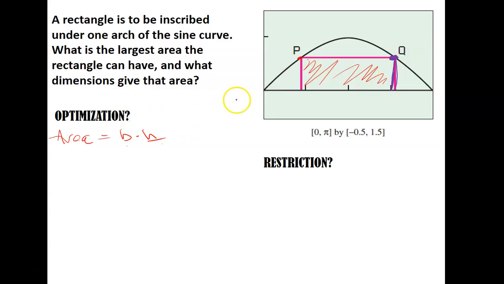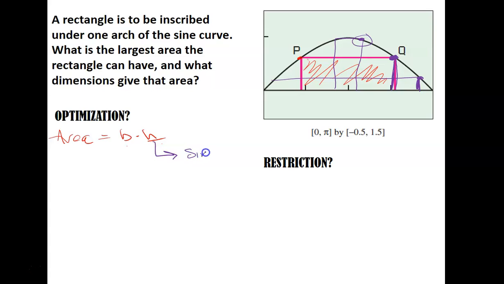It doesn't matter where I put my rectangle. If I make my rectangle low like this, the height of it is still determined by that sine graph. If I make my rectangle up high like this, its height is still determined by the sine graph. So for my height, that is literally just the height of your graph at that point.